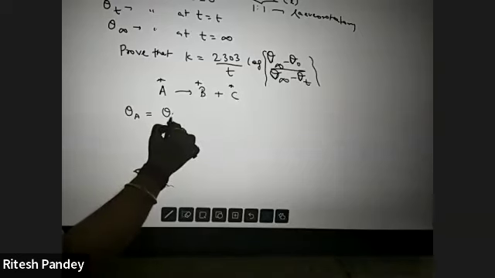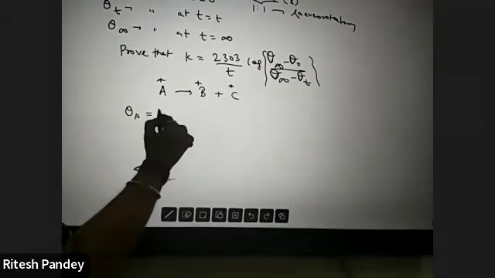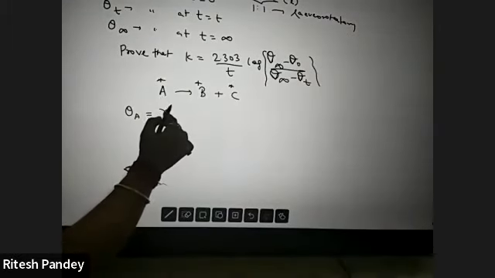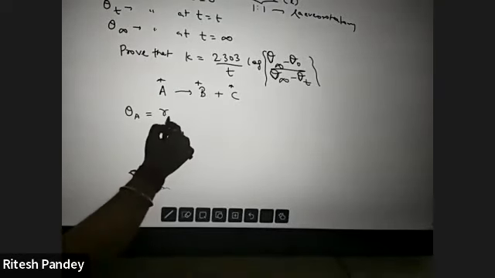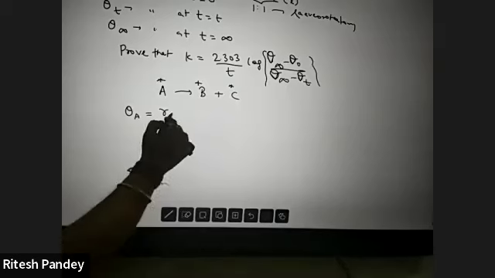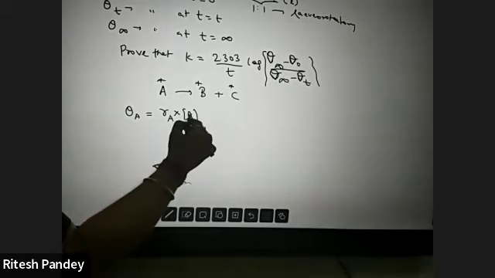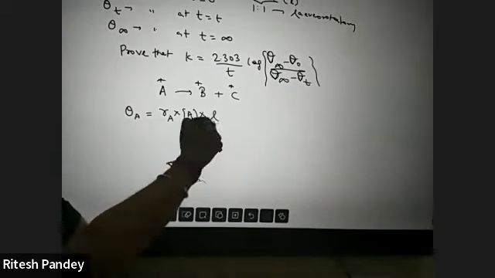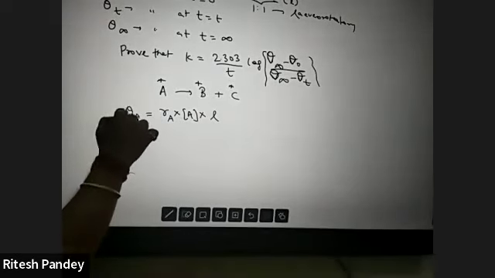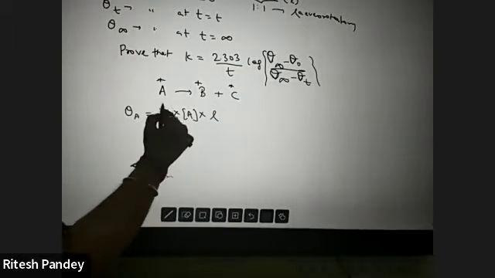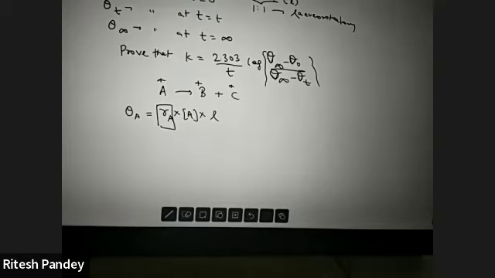The specific rotation of a substance is a particular value when you have unit concentration and unit length of the tube. The total optical rotation is the specific rotation into the concentration of A at that instant into the length of the tube. Naturally, the specific rotation is the rotation per unit concentration per unit length. Yes or no?